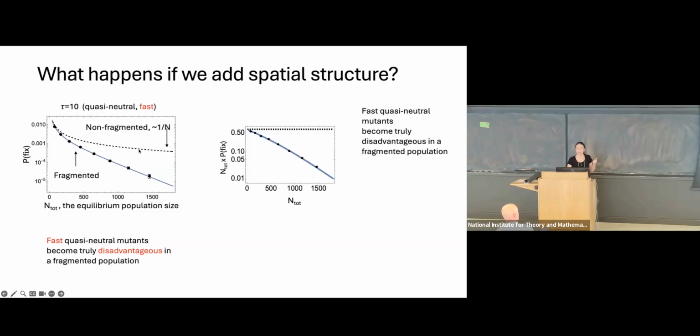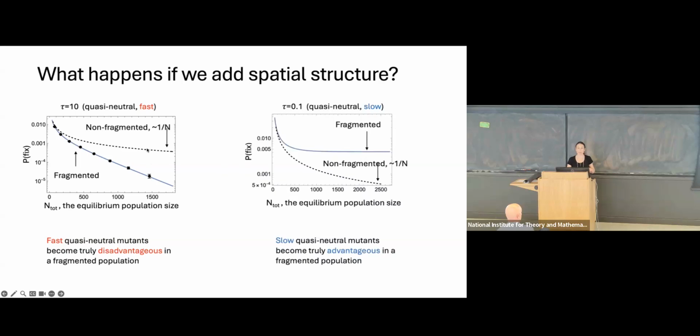This is the same mutant in a well-connected, non-split population of the same size, and this is the mutant that is exactly the same, but lives on islands. This is 10 to the minus 5, this is 10 to the minus 3. Two orders of magnitude. You change parameters, it's a huge difference. So it starts behaving completely like a disadvantageous mutant just because we fragmented the population.